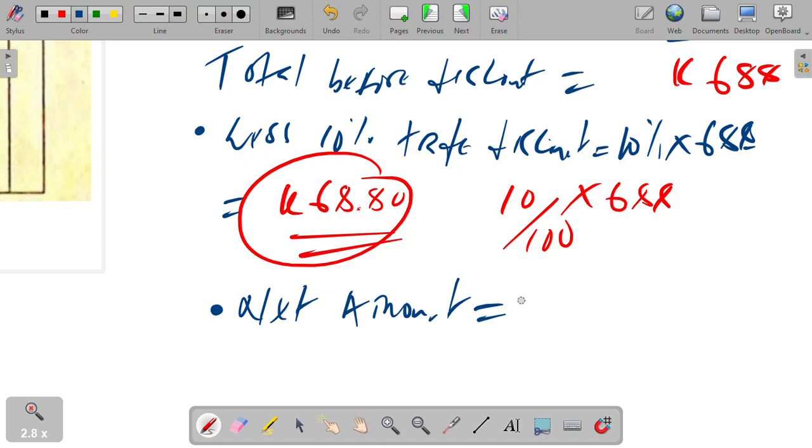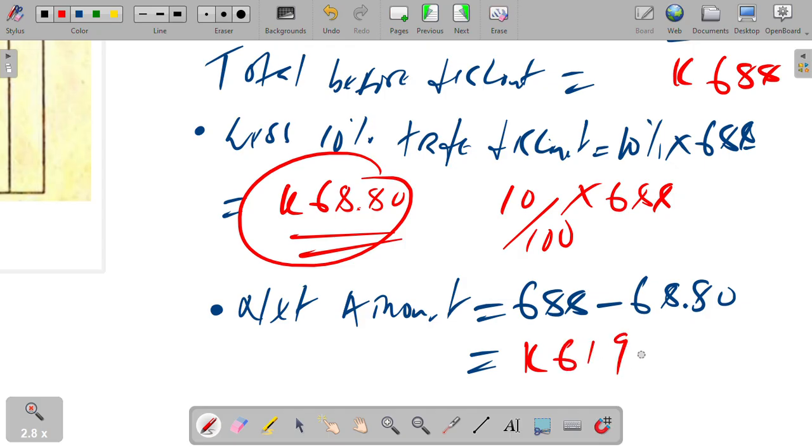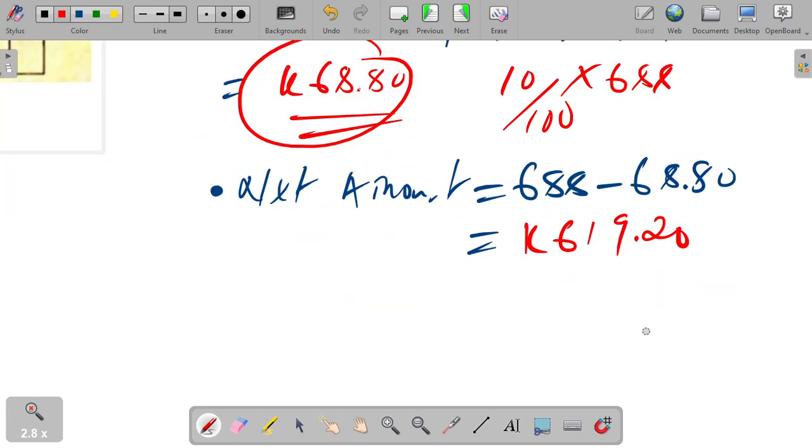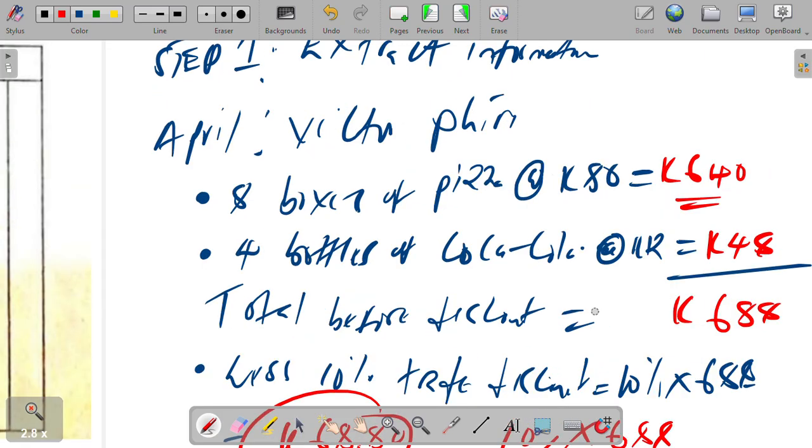It will be 688 kwacha minus 68 kwacha 80 ngwee. So our total will be 619.20 ngwee. So this is the net amount of all the transactions that happened on April the 1st. This was April 1st.